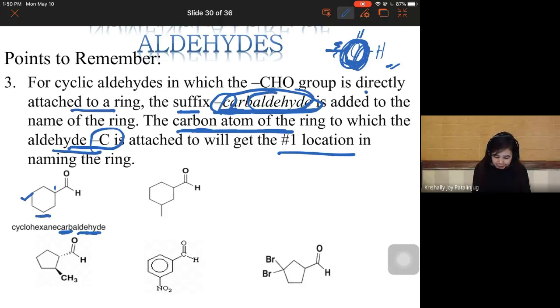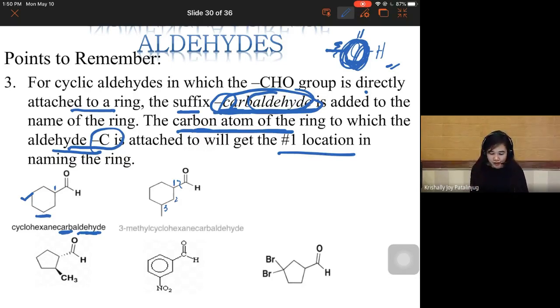Okay, next. This ring, this is cyclohexane but with a substituent. So carbon 1, 2, 3. When you name that cyclohexane, that is 3-methylcyclohexane, tama? But again, don't forget, this is a cyclic aldehyde, so you have to use the suffix carbaldehyde.